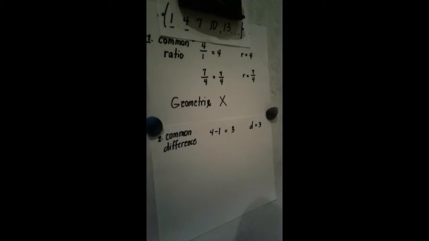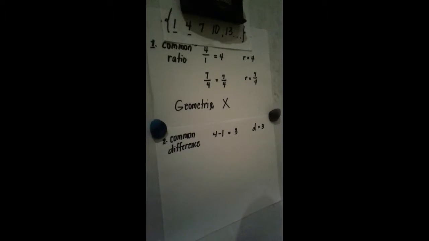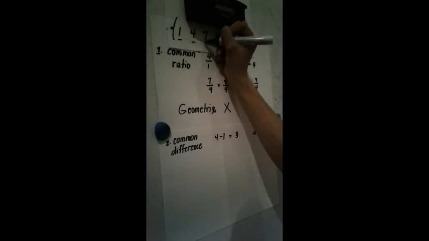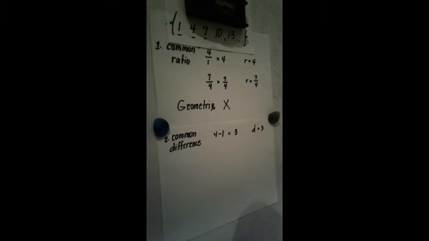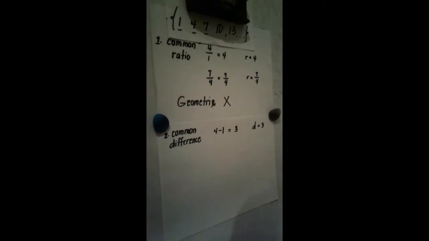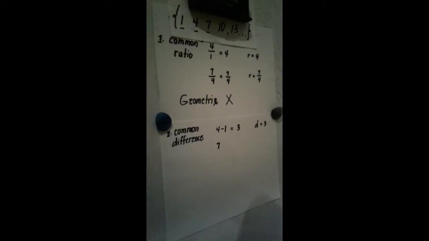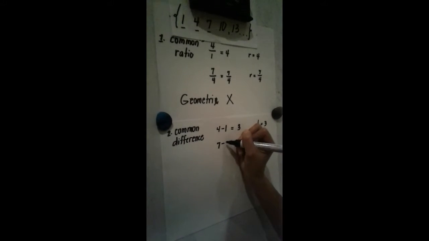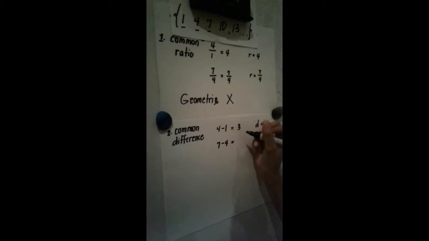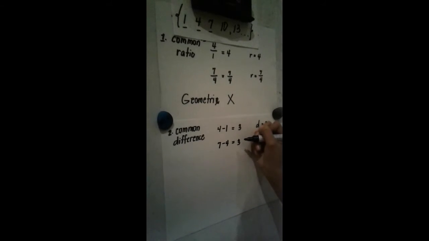But we need to check the other consecutive terms. So here we have 4 and 7. We find the difference by taking 7 and subtracting the term that comes before it, which is 4. So the difference is 3.